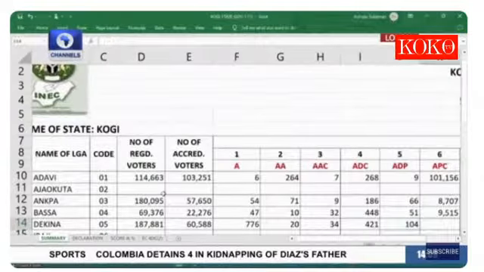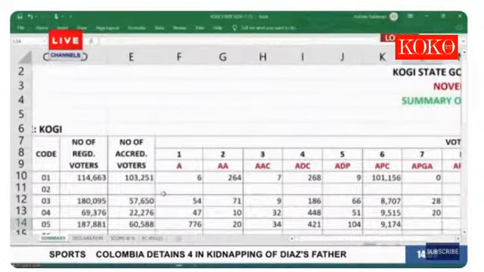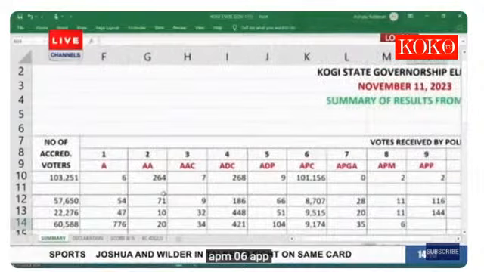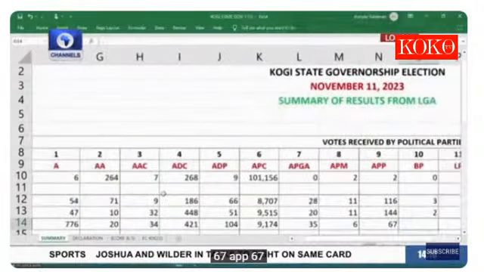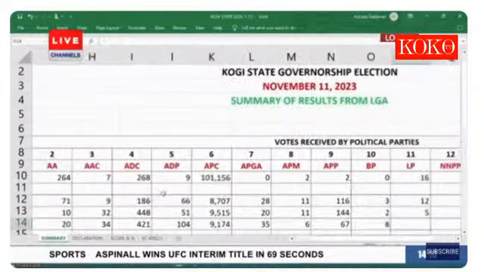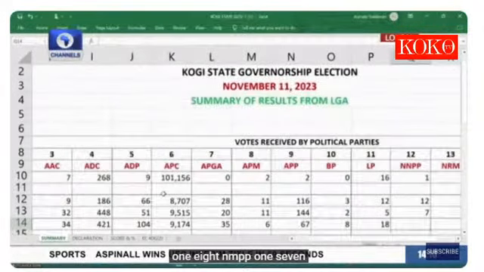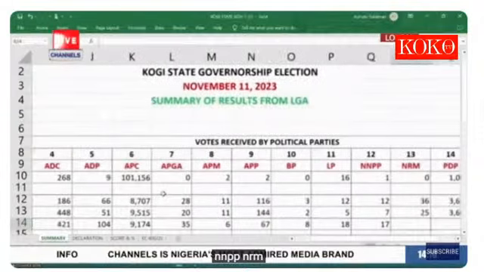APC, 9,174. APGA, 35. APM, 06. APP, 67. BP, 08. LP, 18. NMPP, 17.